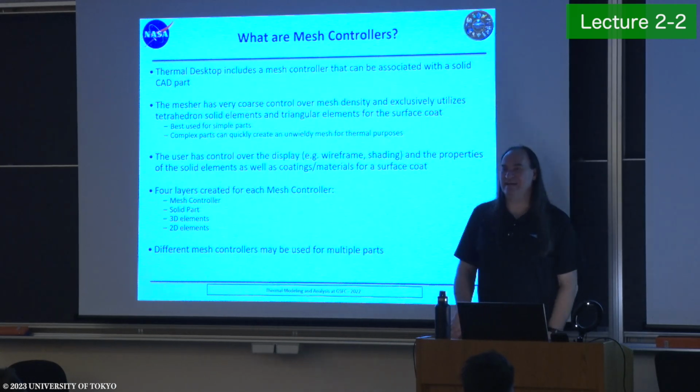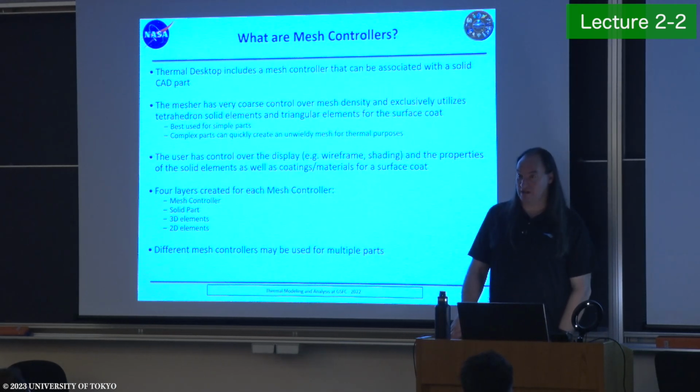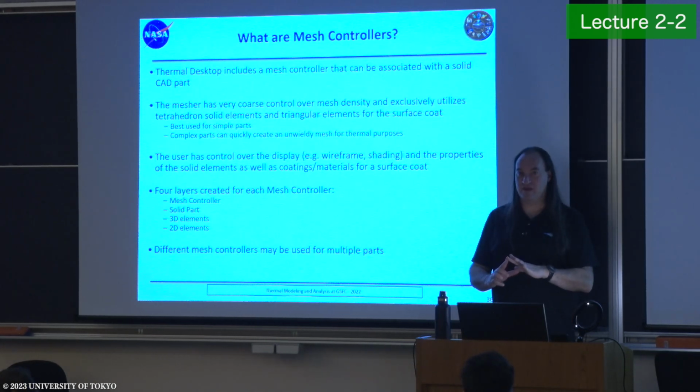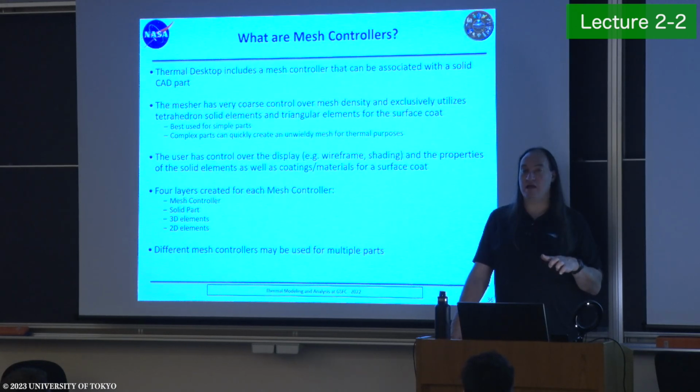And that's really it. It's all going to be tetrahedron elements, which are basically four triangular-sided elements, and the outer shell, the free faces of that, will be coated with triangular elements.